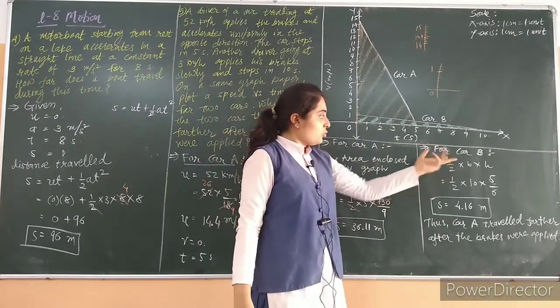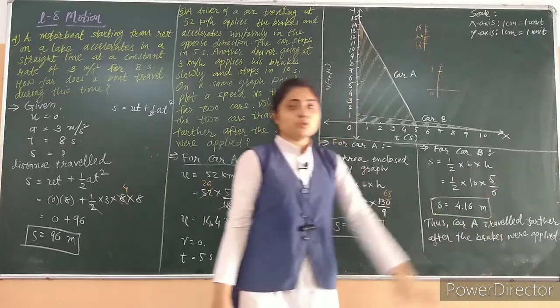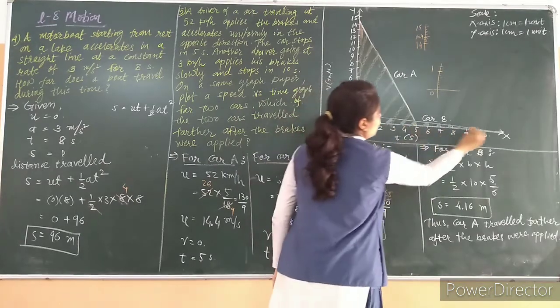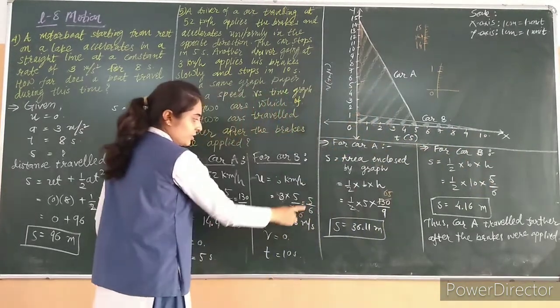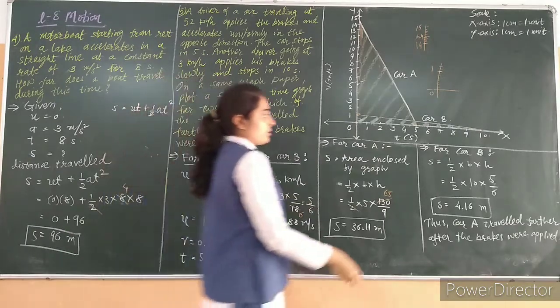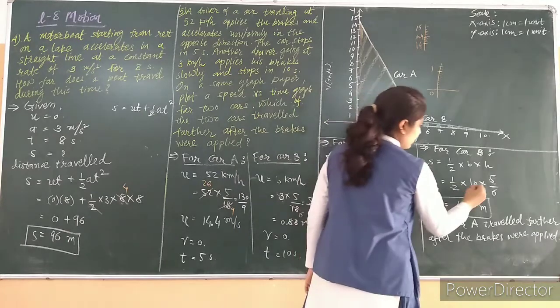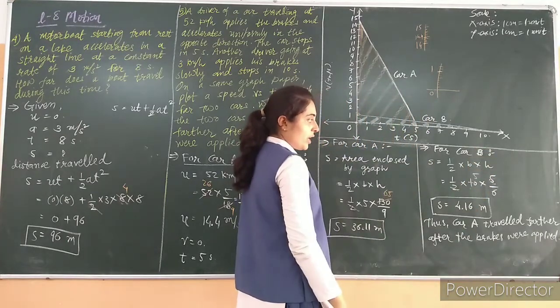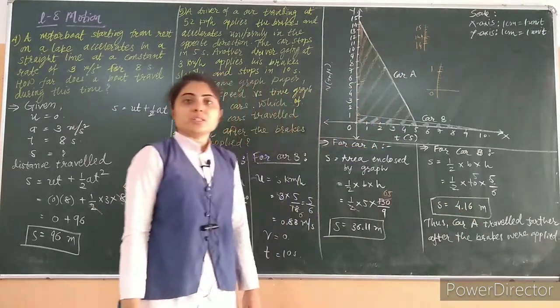So S is equal to the area enclosed by the graph, which is the right angle triangle. So half into base into height, the formula. So half, base is 10 and height is 0.83, which is nothing but 5 by 6. So we can cut this. 2 5s are 10. 5 5s are 25 by 6. If we divide it, it will give 4.16 meter.